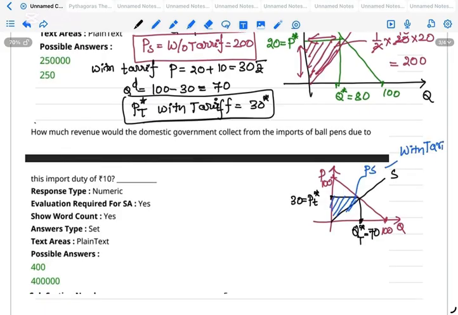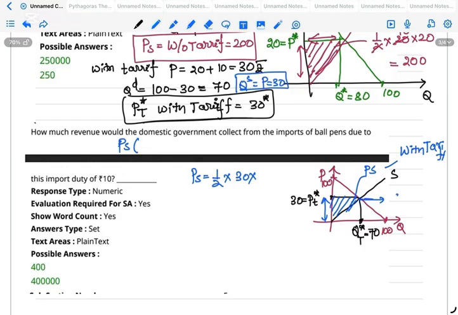With the tariff, this area is half base times height, where quantity supplied equals price, that equals 30. Both the values are 30 only.